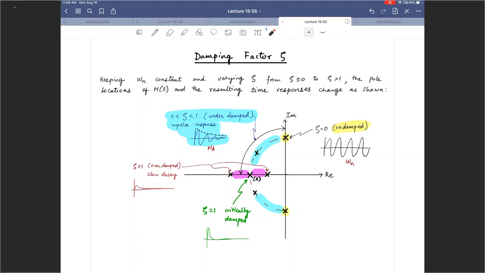So one guy, let me actually trace this, maybe in blue, right? This guy, maybe I can use green here. This guy moves like this and this, right? And then moves like this and this, and then this guy will move like this and this, right? As you increase zeta.